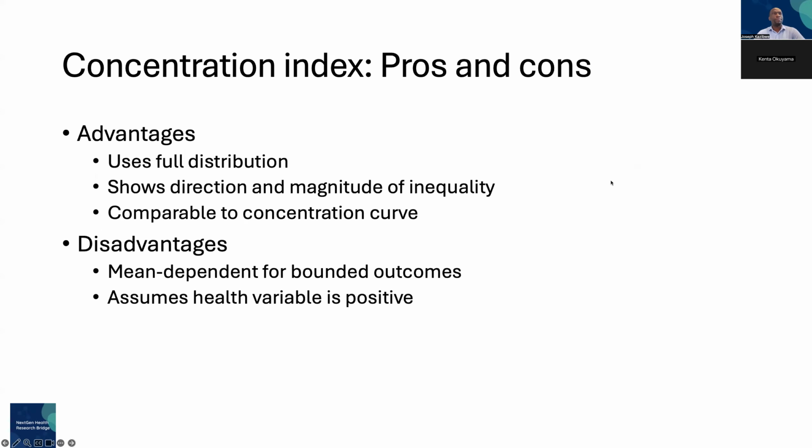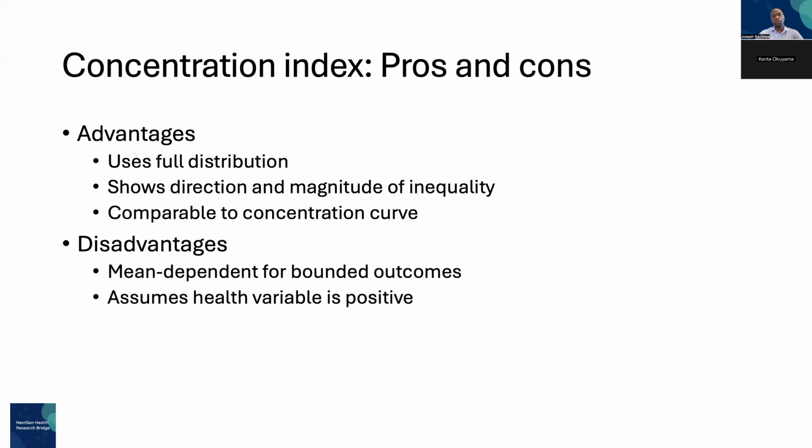So there are some advantages and disadvantages to this. The advantages of using the concentration index: it takes into consideration the whole distribution of the population, all the sample in consideration, and it also shows the direction and magnitude of the inequality.